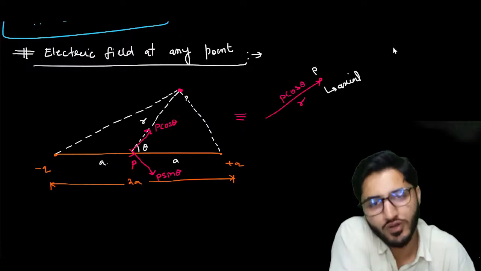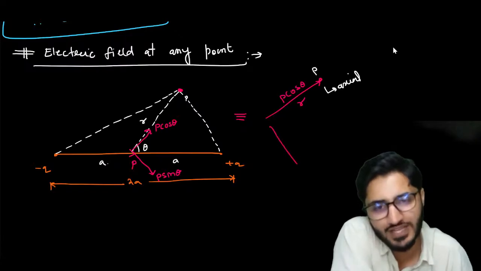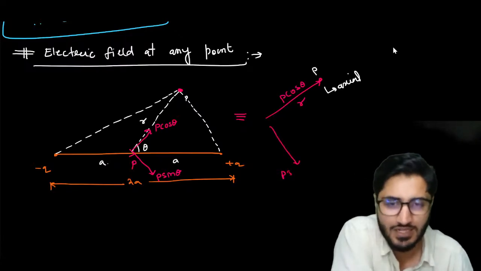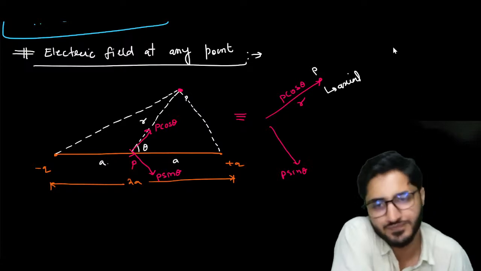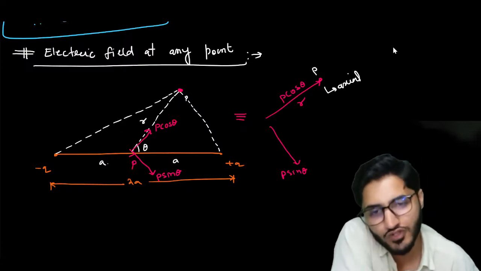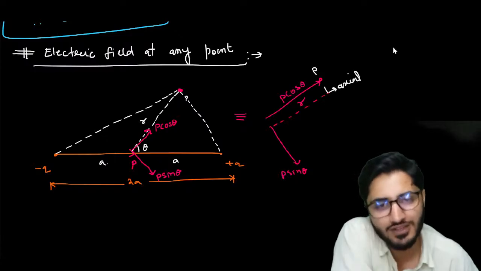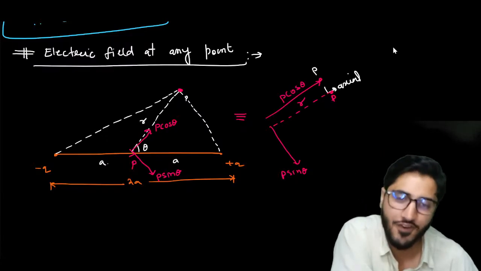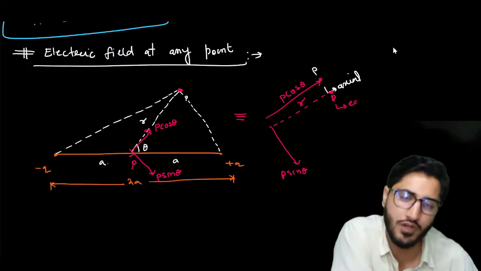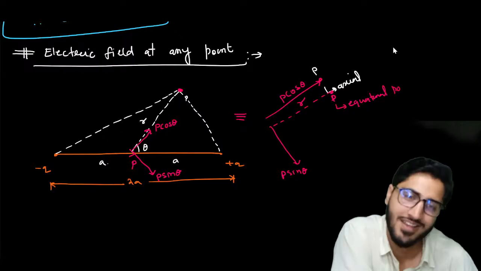One more we have: the dipole moment is p sin theta, and for this one the point P is at the equatorial point.